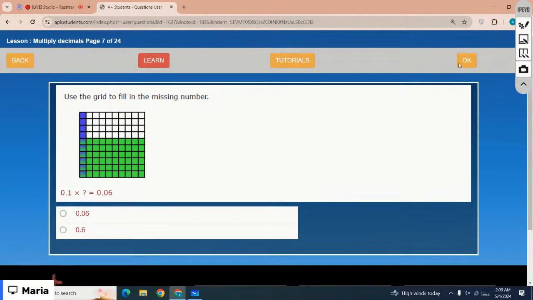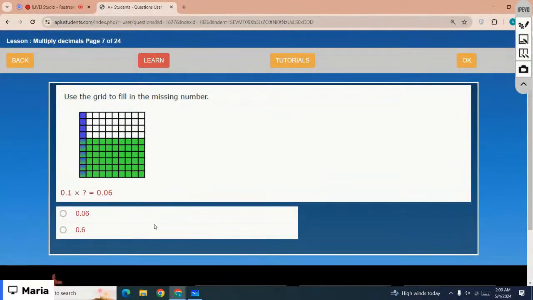Use the grid to fill in the missing number. So which number is missing? 0.6 is the correct option, right?